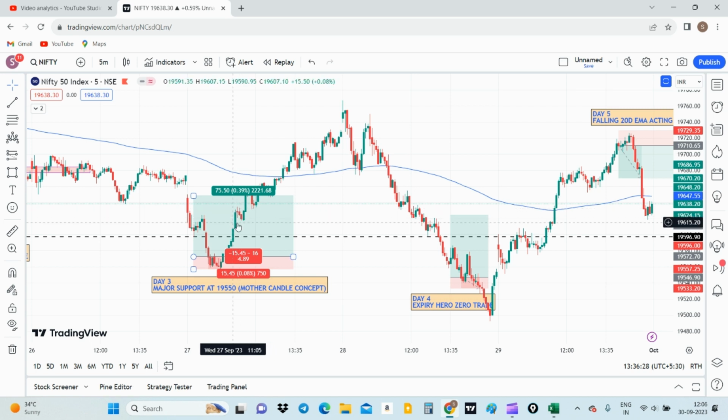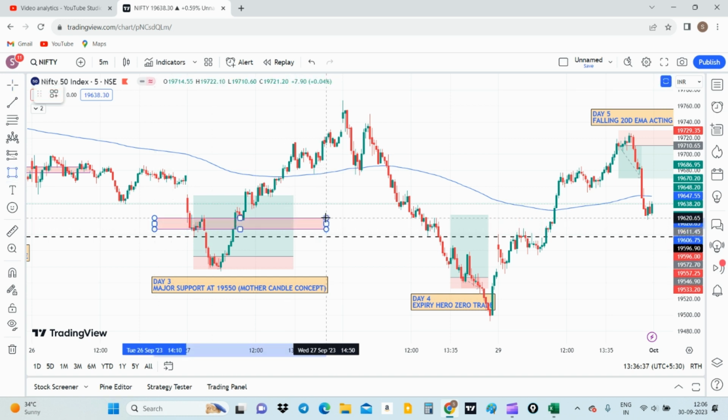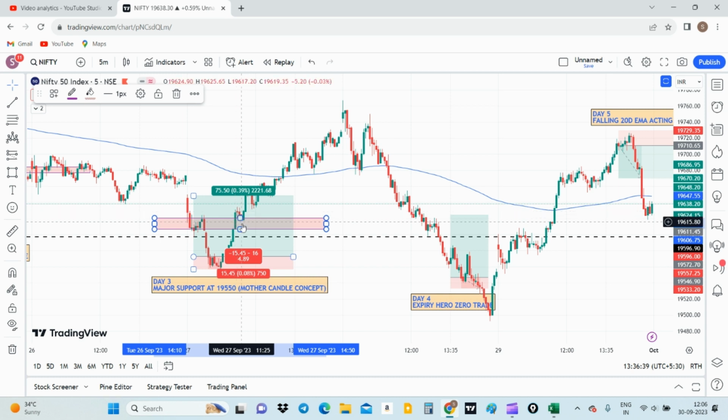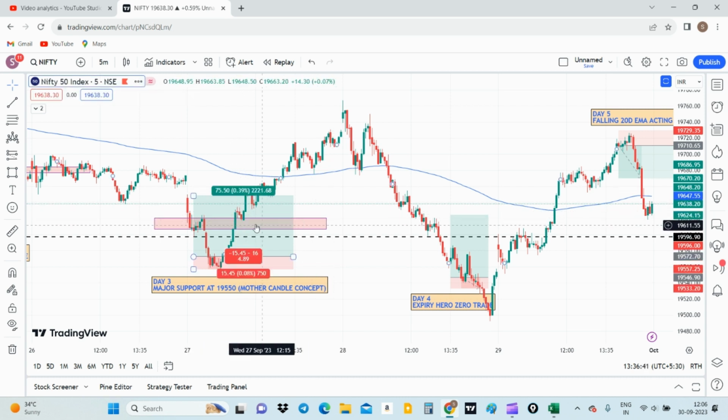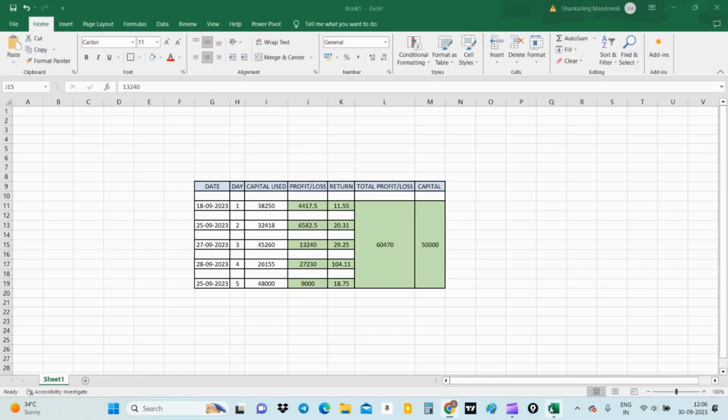I made an exit at this point because there was a resistance zone in this pattern. Once the breakout happened, I exited around the main support or resistance zone. That trade gave a good return with respect to the risk to reward ratio.